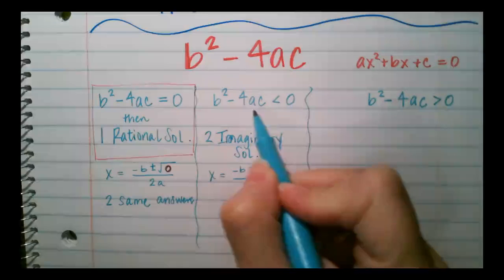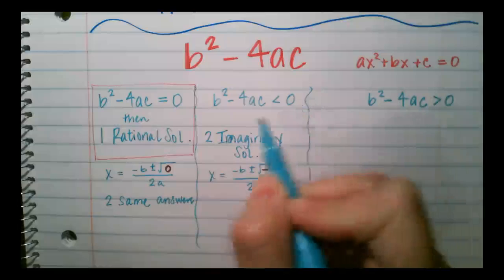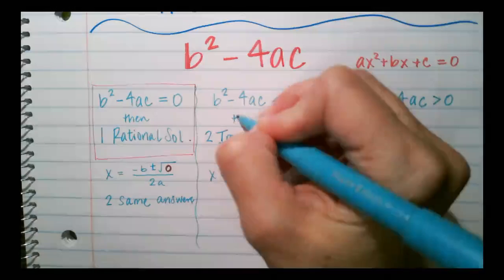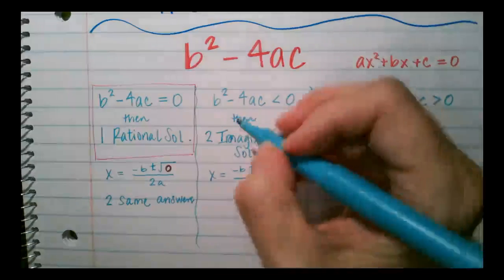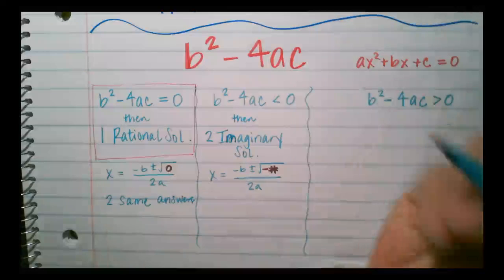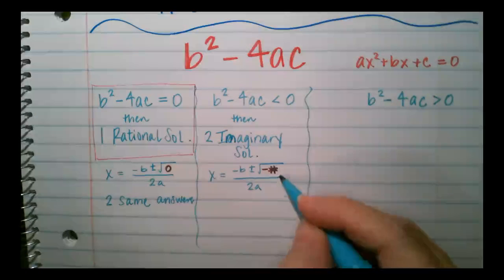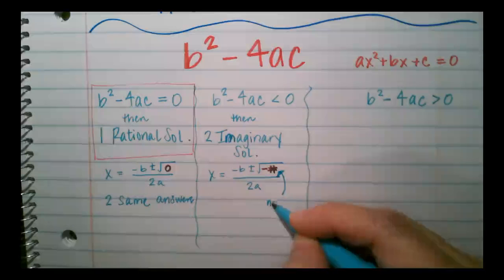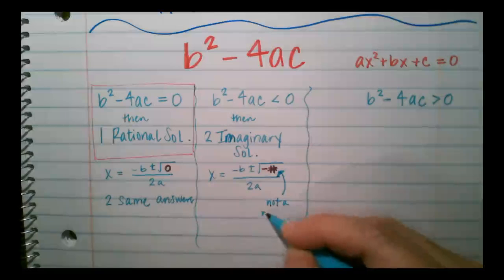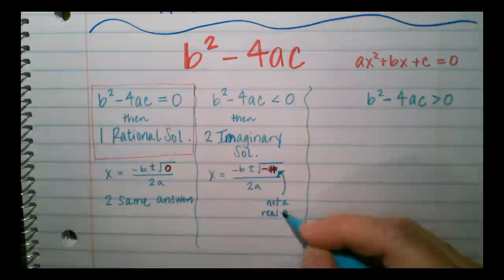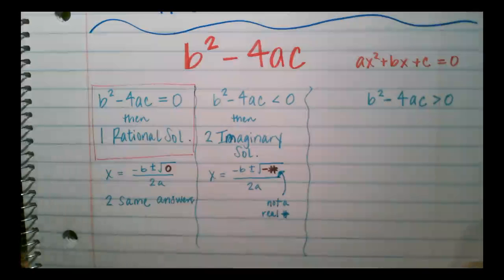So if b squared minus 4ac is less than 0, which means it's negative, then you will get two imaginary solutions. Again, that's because this right here is not a real number. So we'll still get two answers, but they're going to be imaginary.